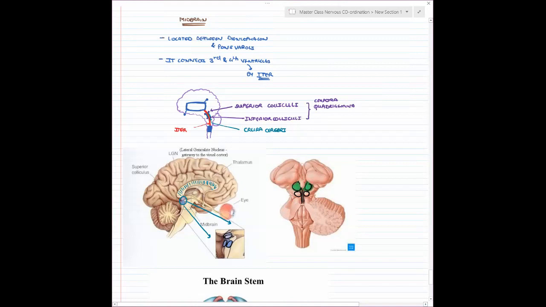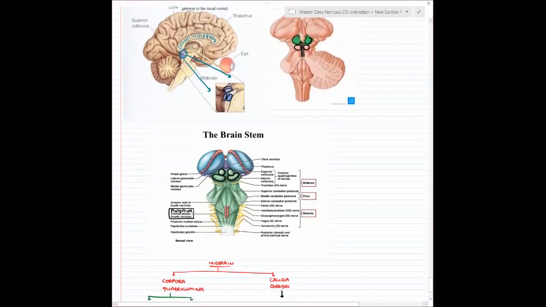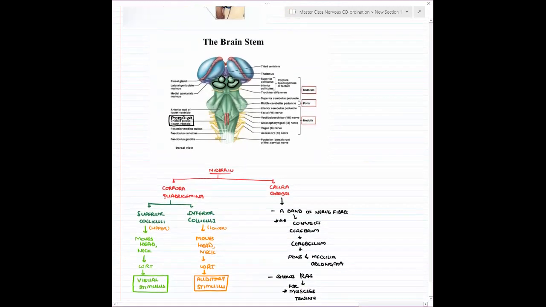This is crura cerebri. Okay, everybody all right? Fine, let's try to move ahead.